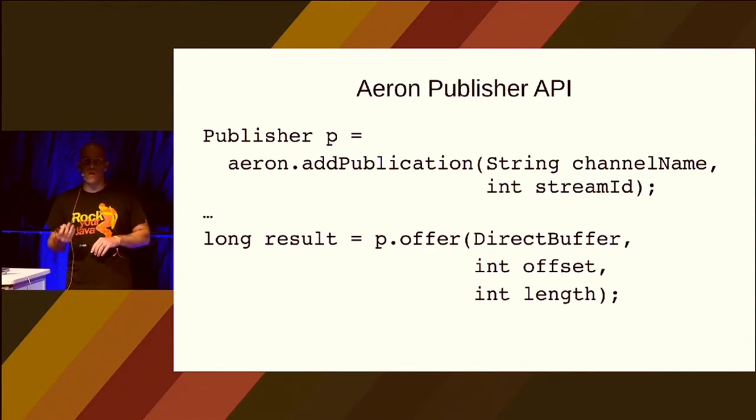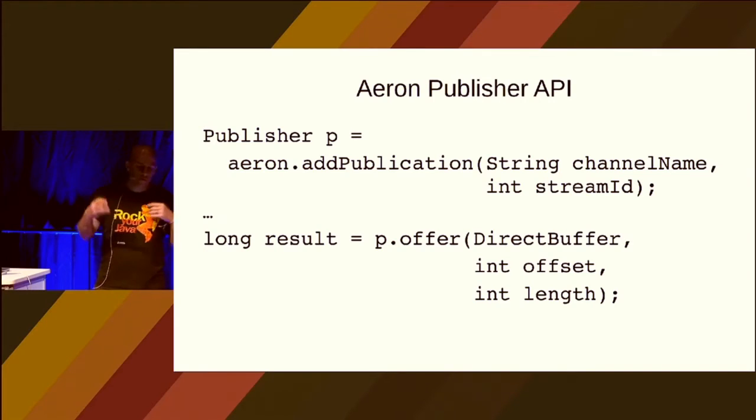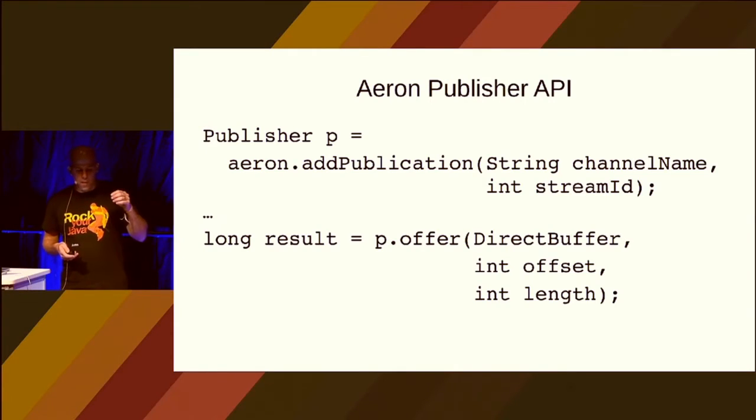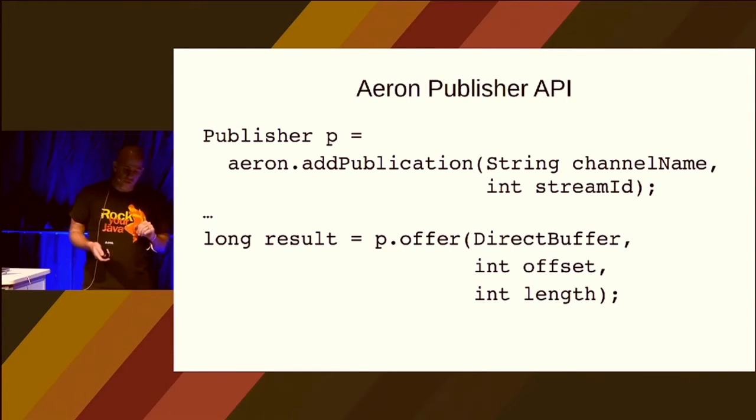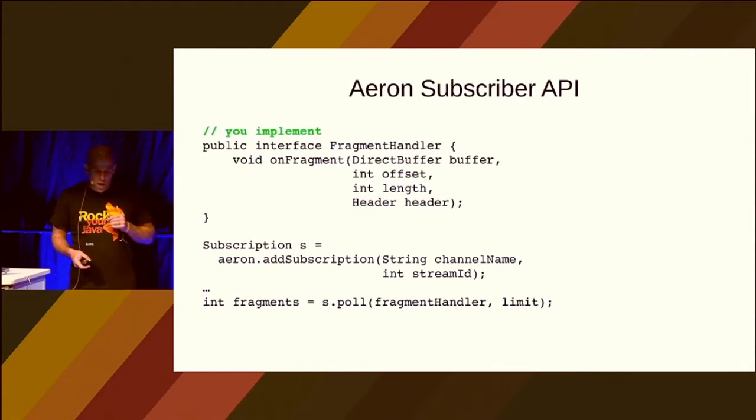It's a wrapper around either a direct byte buffer or a heap byte buffer, but it allows more efficient usage. And the data in that buffer will get copied into the log buffer, with the offset and the length being the offset and the length inside the buffer, so you can reuse it, etc. And you get a result which indicates if it was successful or why it wasn't successful.